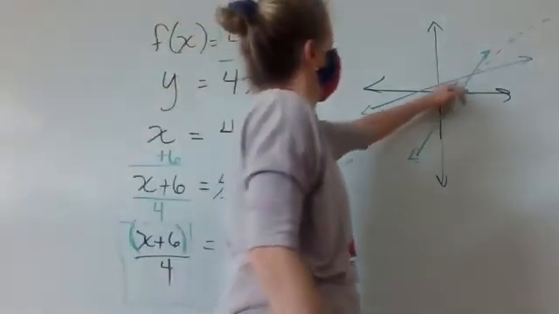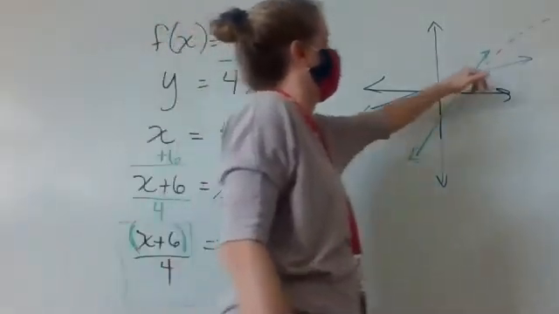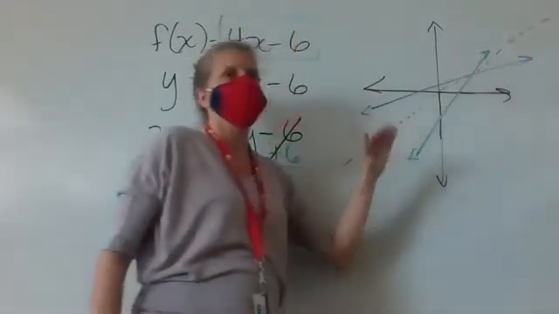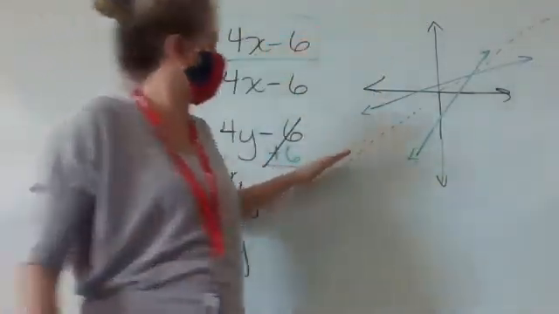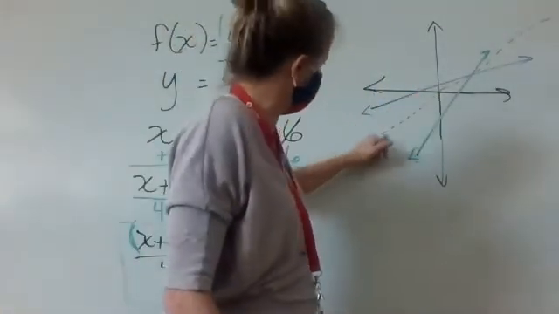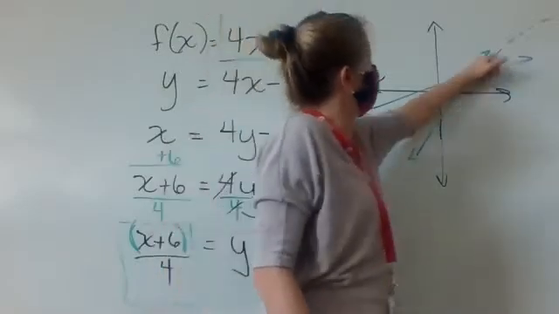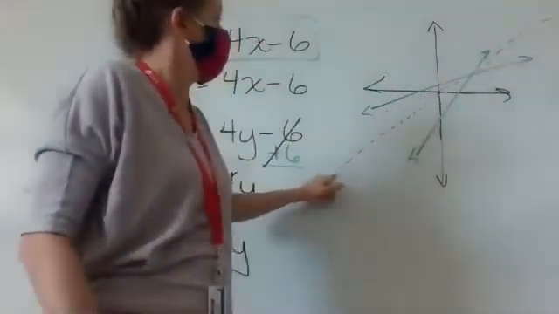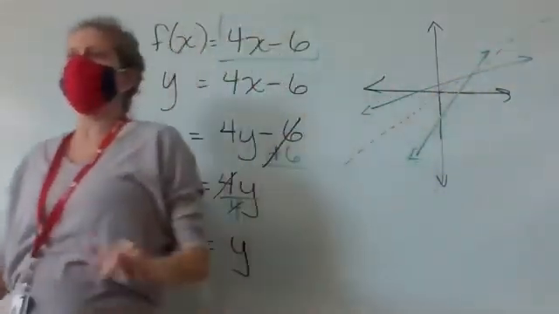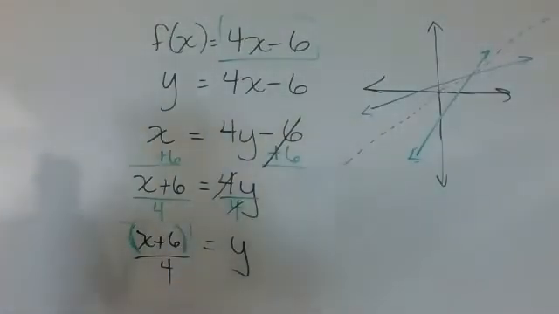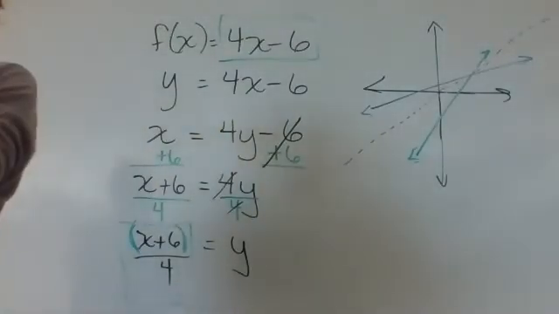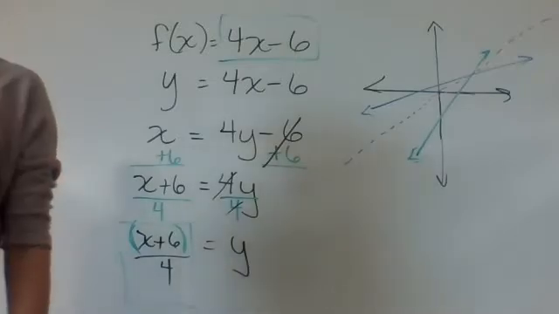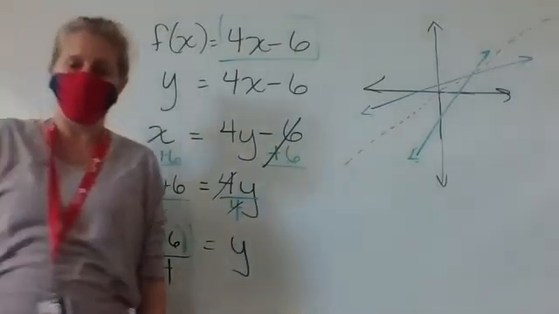If this line is the equation y equals x, that red dotted line cuts your coordinate plane. It goes right halfway through this coordinate and halfway through that coordinate. If you have a sheet of paper and you folded it on that red line and you had inverse functions on there, once you folded it on that red line, the two functions would lie on top of each other.